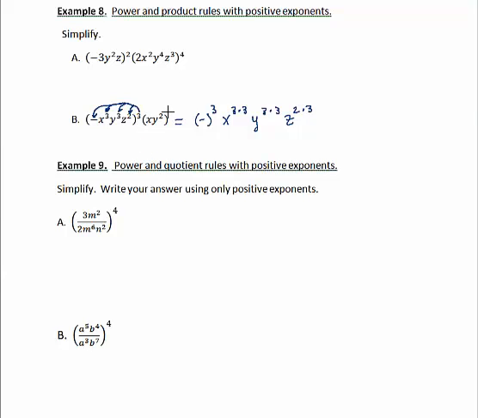And this set of parentheses simply has a 1 as an exponent on the outside. So if we wanted to, we could drop the parentheses because the 1 multiplying the exponents on the inside is not going to change them. It's not going to affect them. 1 times 2 is 2, and 1 times a 1 is a 1.